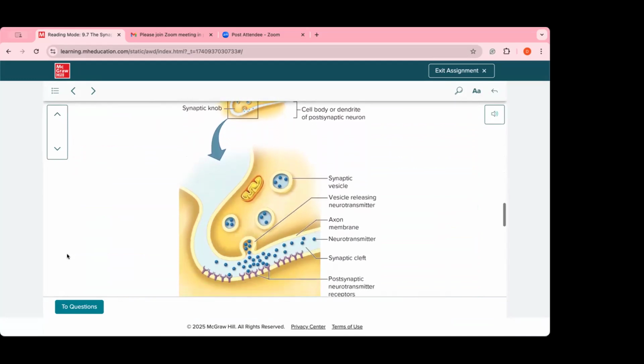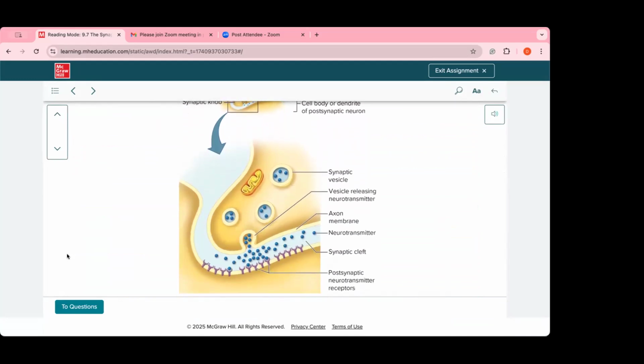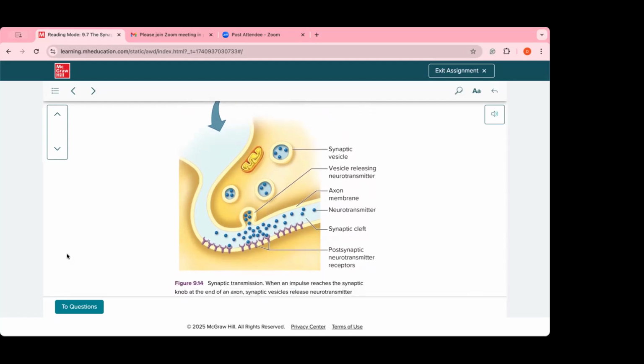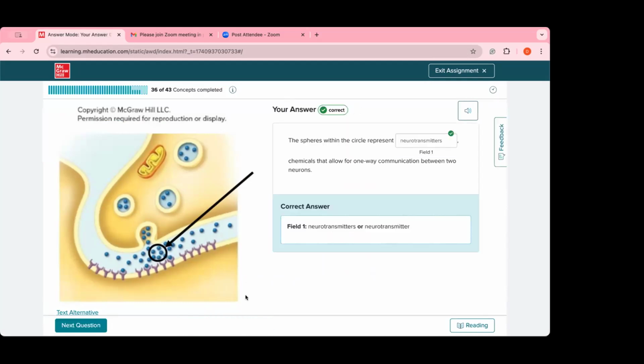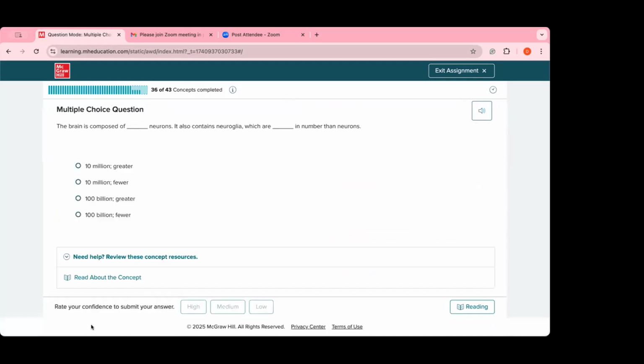So, okay, yeah, the little blue balls are neurotransmitters. It's neurotransmitters. Yeah, I thought that's what they were supposed to be based on what I was looking at.